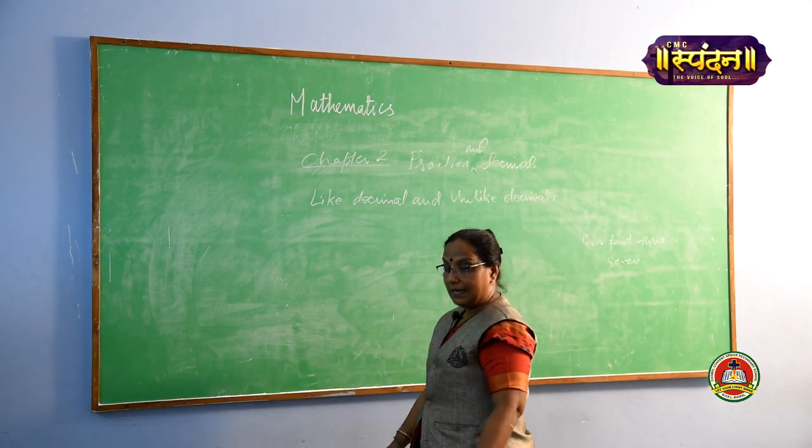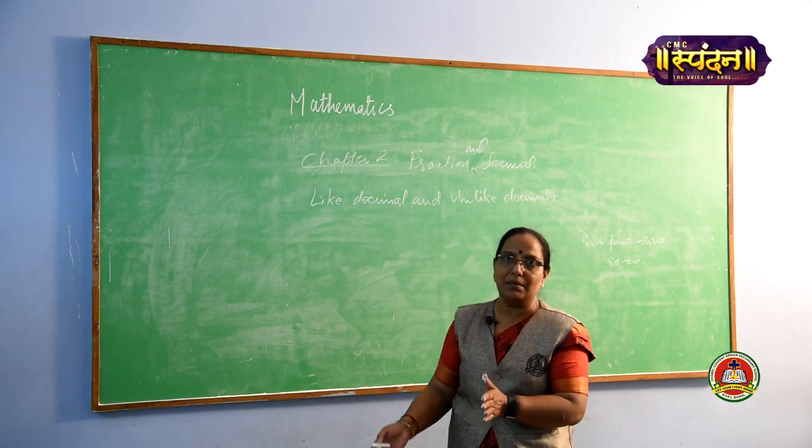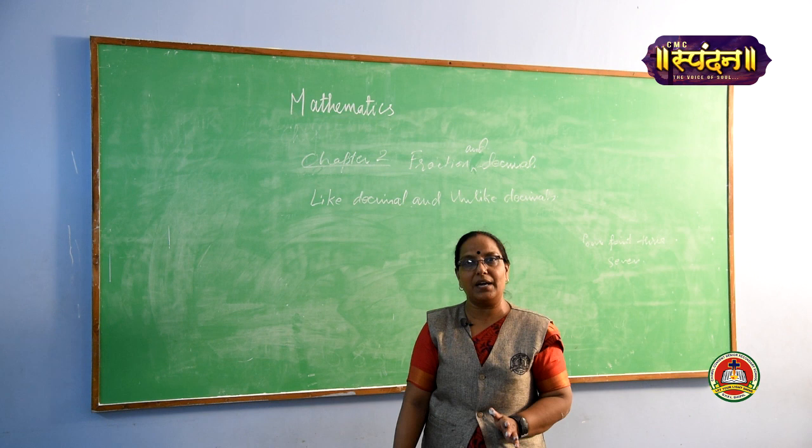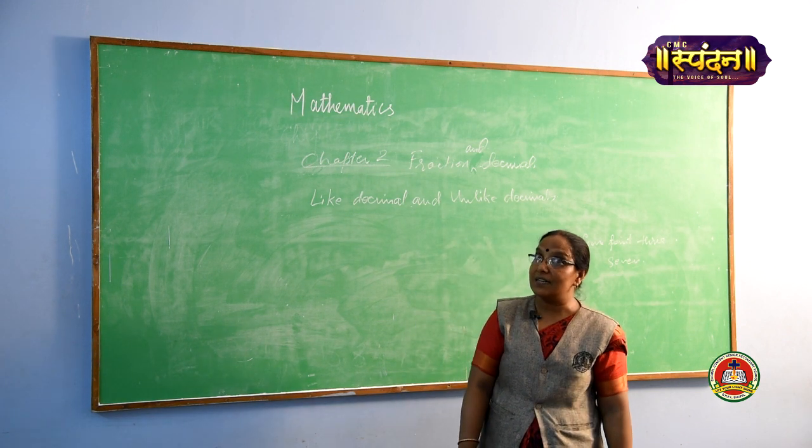The difference between them is only that the number of digits after the decimal should be the same, then only we can say it is like decimals, otherwise it is unlike.